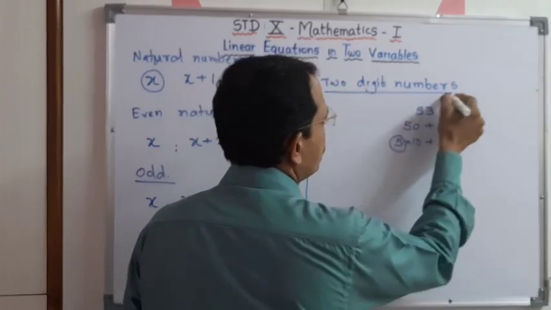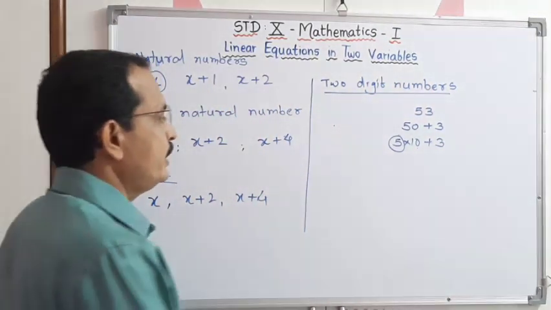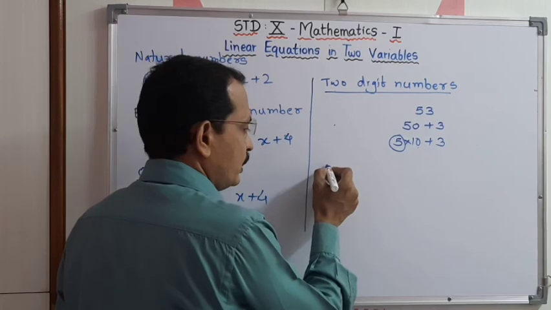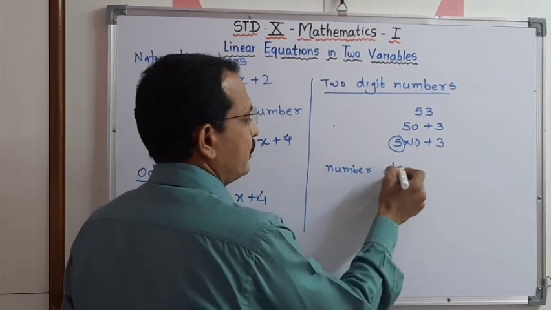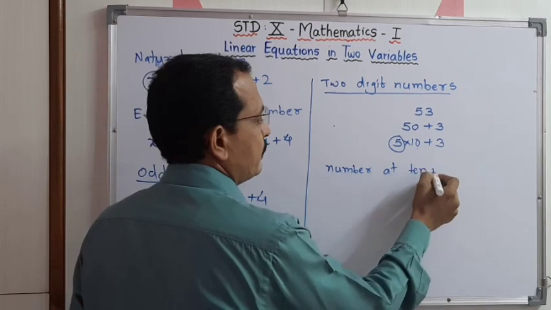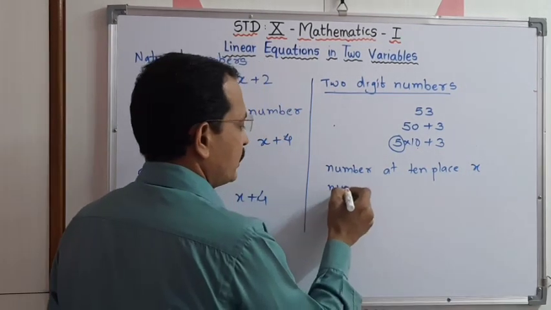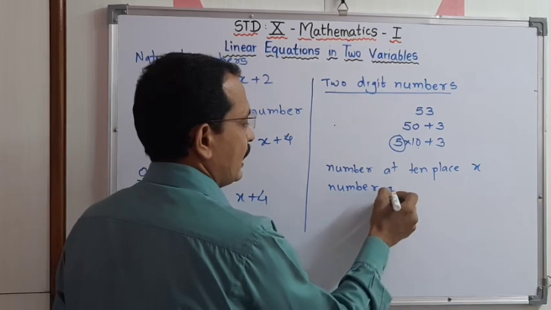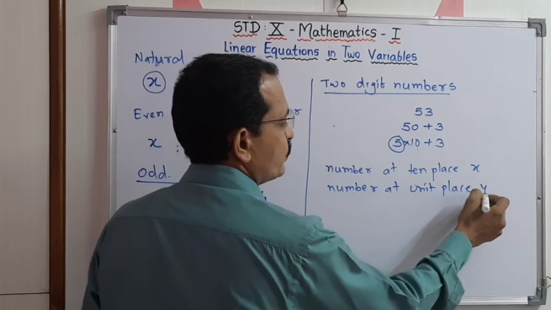Therefore, suppose the question is related with 2 digits, and you assume the digit at the tens place is x and the digit at the unit place is y.